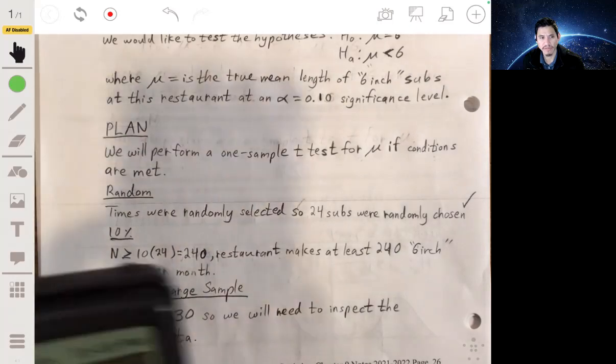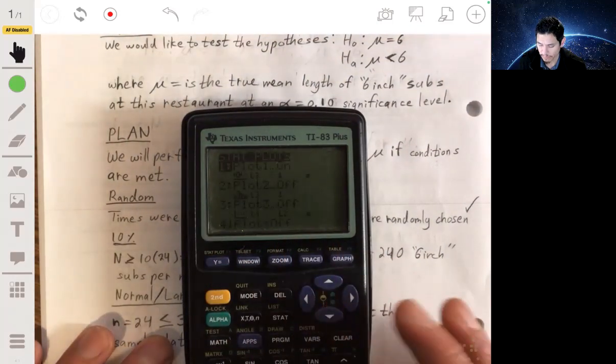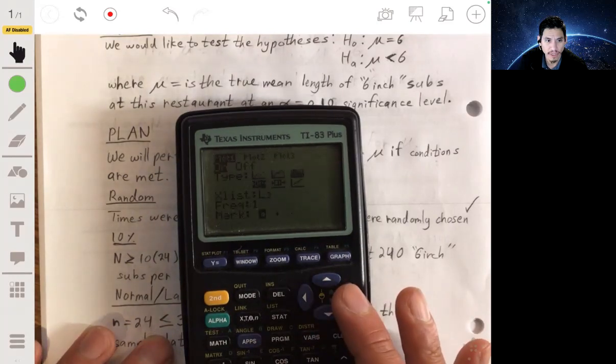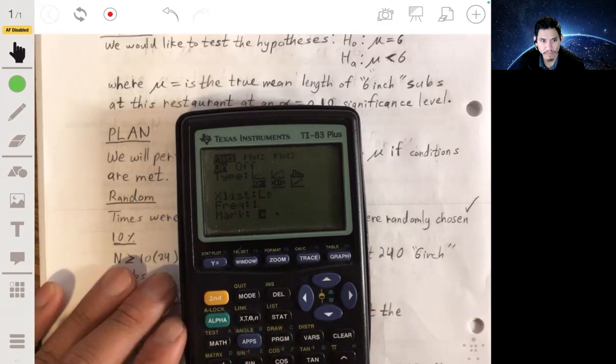I got it in my list 5. And then from here, we go to stat plot and make a box plot for the data. In my case, it's list 5.